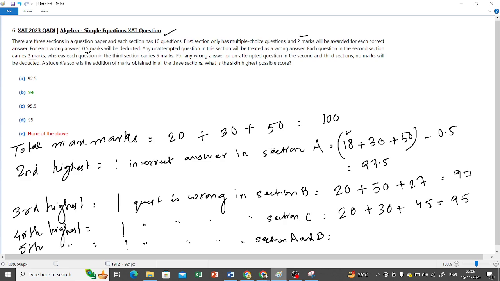Now to get the fifth highest, one question wrong in section A and one question wrong in section B. So 9 questions correct in section A, so 18. 9 questions correct in section B, so 27, and all questions correct in section C, so 50. And since one question is wrong in section A, 0.5 subtraction, because there is negative marking. Yes or no? If I just add it, there is going to be 94.5. This is the fifth highest. Okay, now let us see the sixth highest.